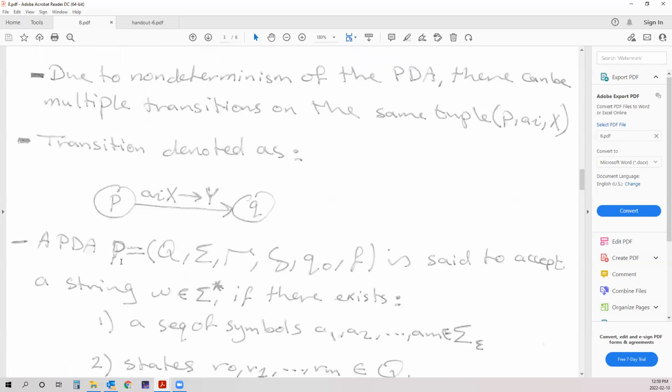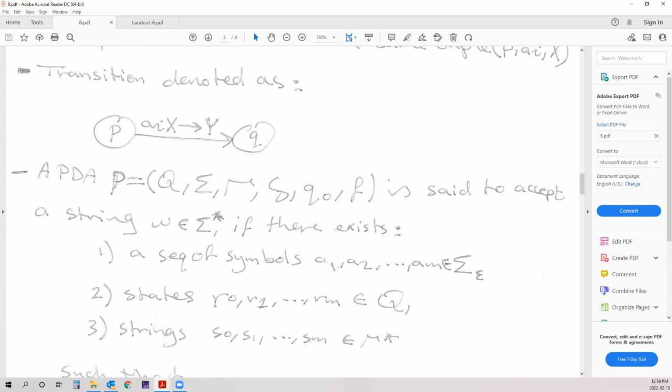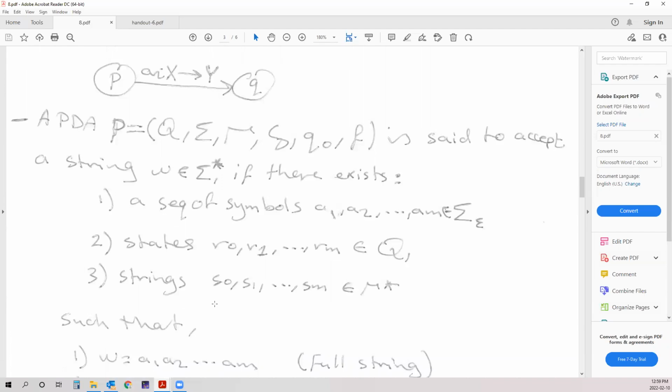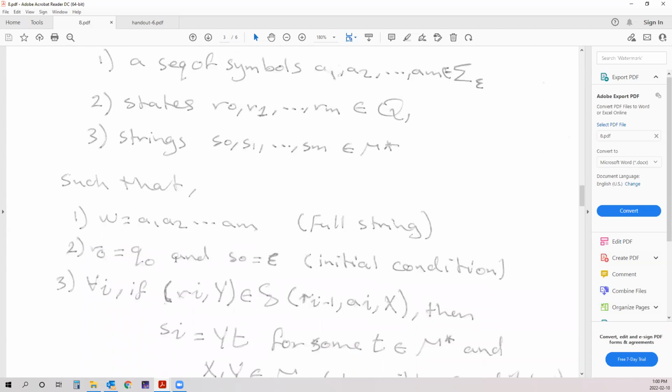A PDA, the same as we had before, is said to accept a string W belonging to sigma star if there exists a sequence of symbols A1, A2 to Am belonging to the alphabet, states R0, R1 to Rm belonging to Q, which is the set of states, and strings S0, S1 to Sm belonging to gamma star, such that W equals A1, A2 to Am, the full string, R0 equals q naught, and S0 equals epsilon, the initial condition.